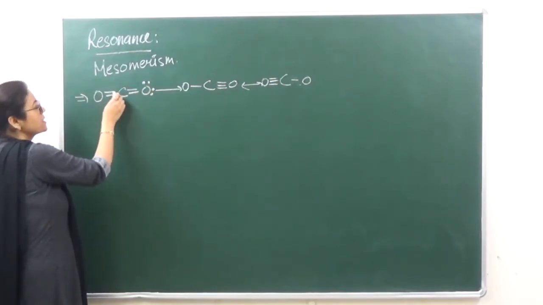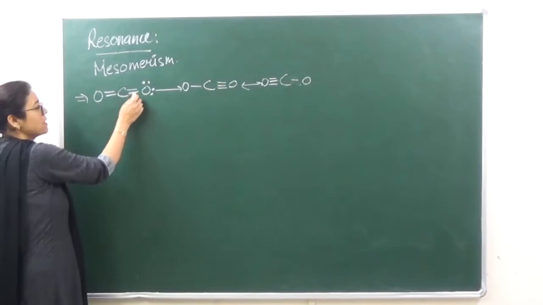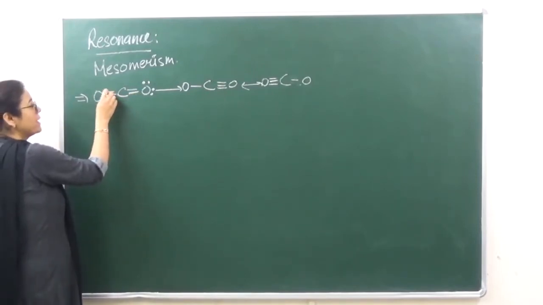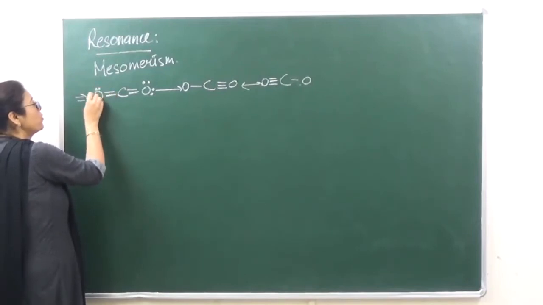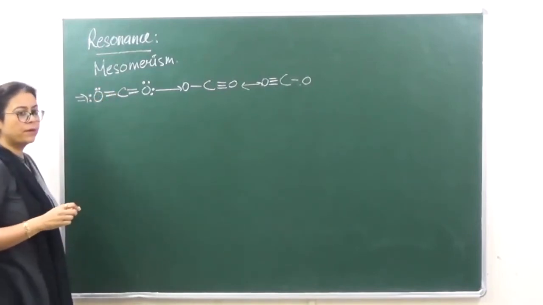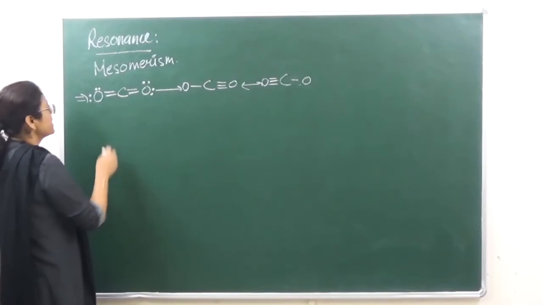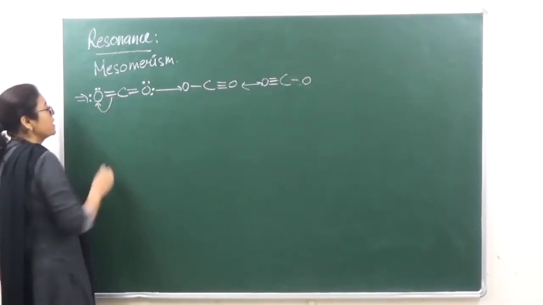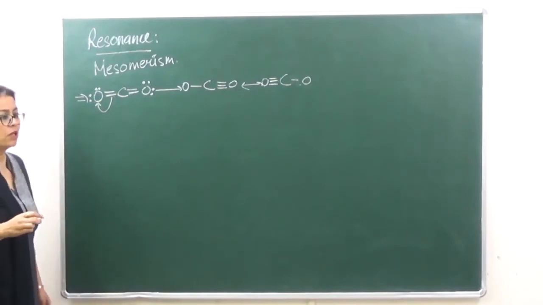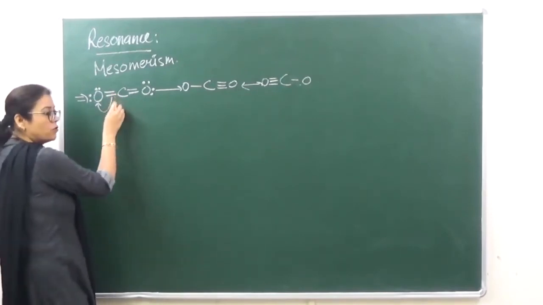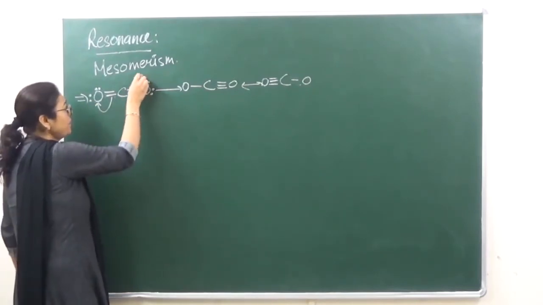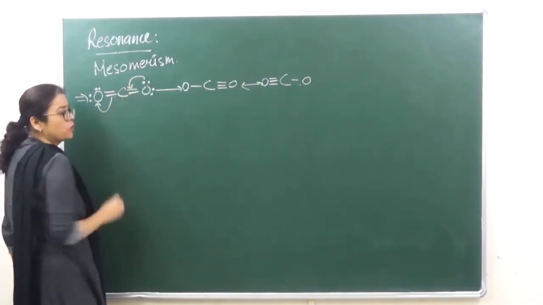Carbon, all octet is complete, 1 2 3 4 5 6 7 8, so there is no lone pair. Over here also 8 minus 1 2 3 4, so we are going to show 4 electrons over here, right? Now in this case, this pi electron cloud has a capability or tendency to shift. So this electron cloud from here shifts over here, and these electrons shift over here.